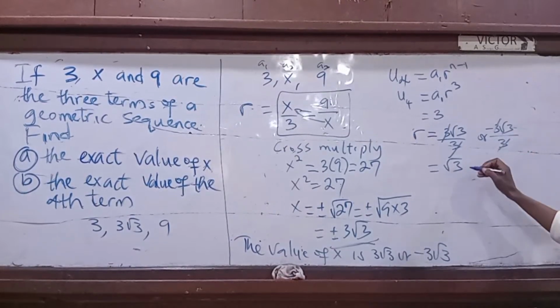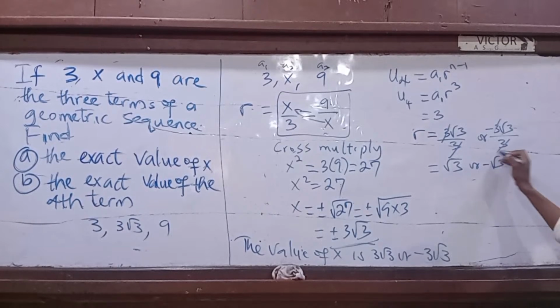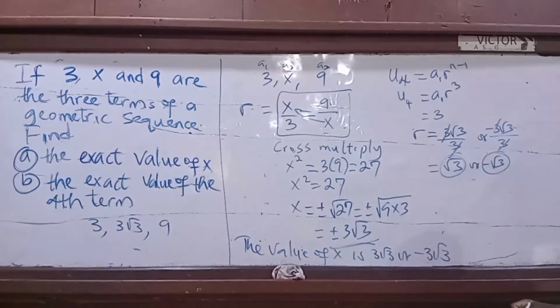So the common ratio could be positive or negative. So these are the common ratios. I will do just one. You can also try the second one and put your answer in the comment section.